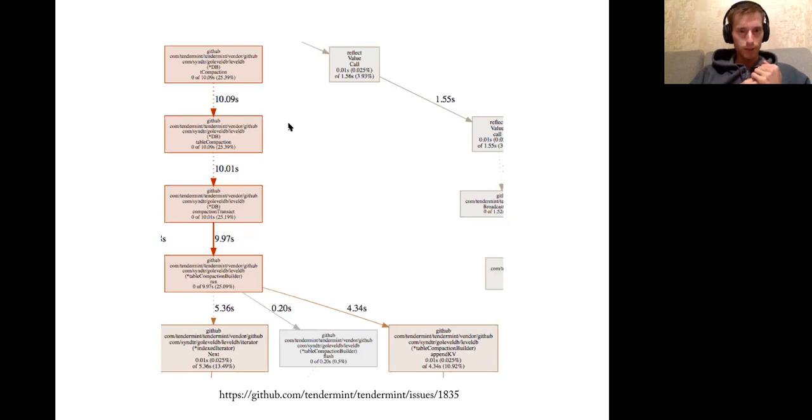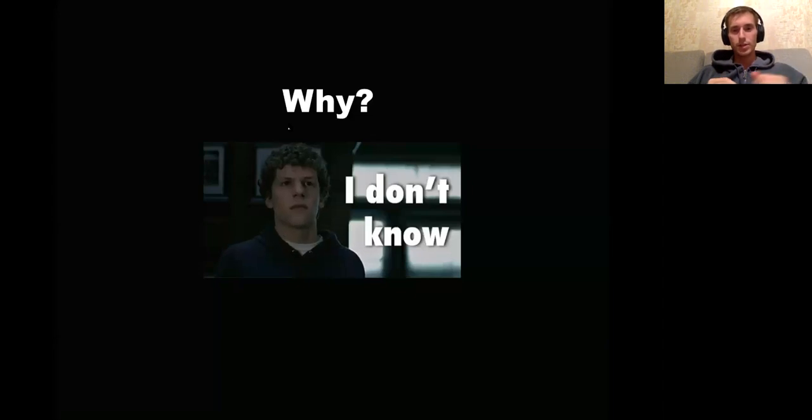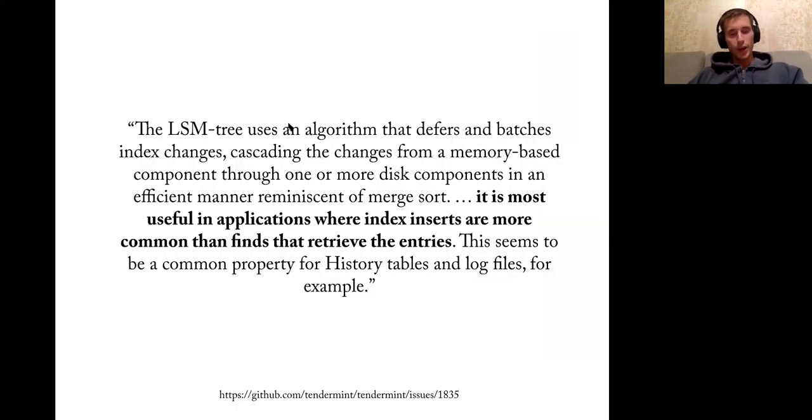In Go LevelDB, compact, transact, table compaction builder run, something like that. If you ask me why it is happening, I don't know. I'm not a database expert, unfortunately. I do have some thoughts of why this is happening.